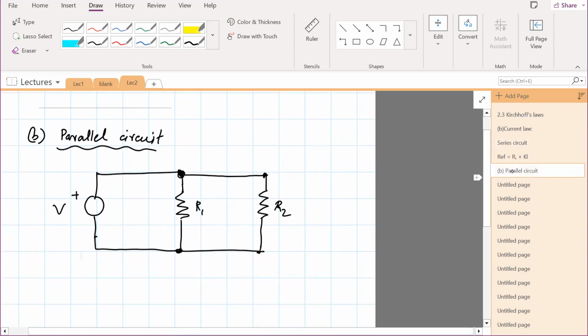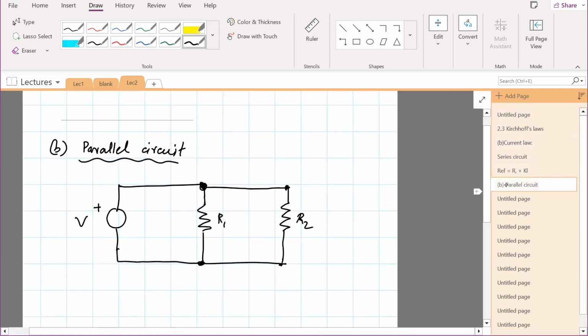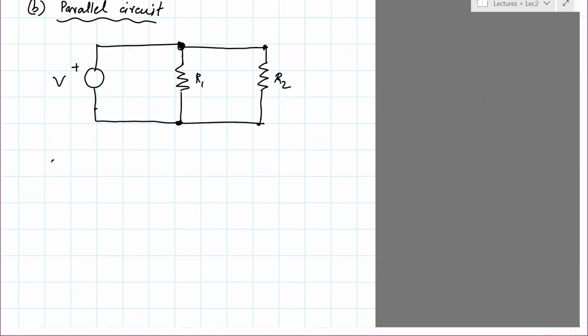Okay, so we have this circuit, and the question is to compute the current in this circuit, and let's also compute the effective resistance.